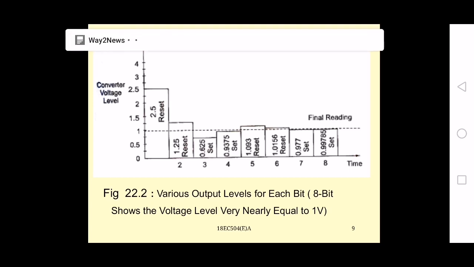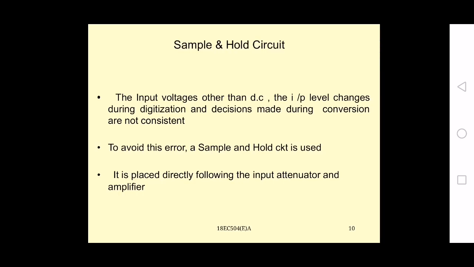And the purpose of the sample and hold circuit in the block diagram is to handle input voltages other than DC voltages. If you are applying input voltages other than DC voltages, the input level changes during this digitalization process, and decisions made during the conversion are not correct.